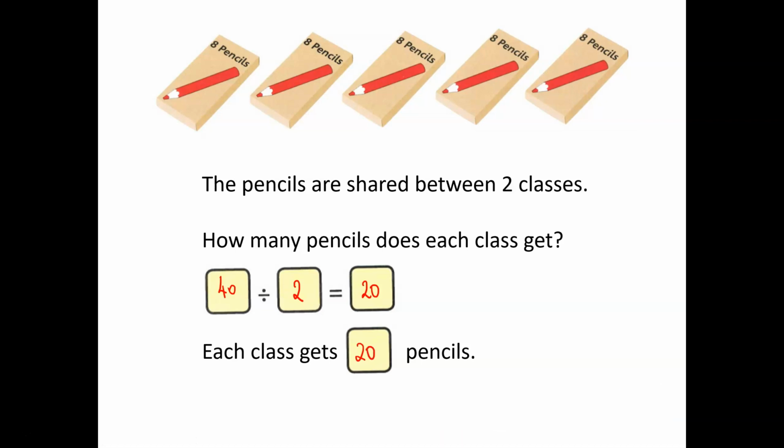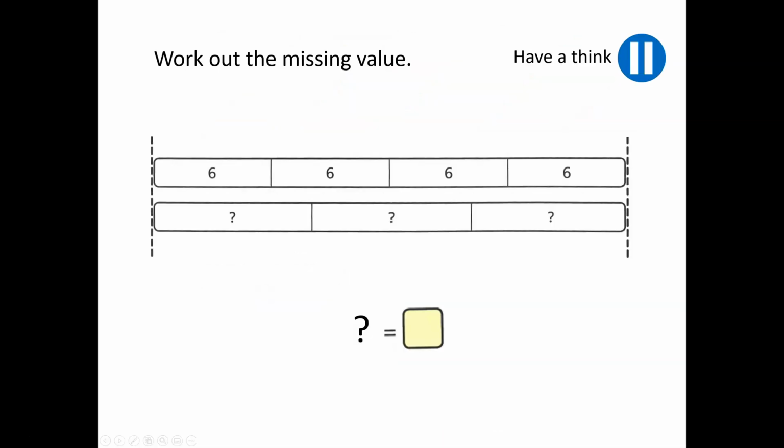You will have noticed by now that these problems often require more than one step or more than one calculation. Look at the information given here. Pause the video and try to calculate the missing value. Here we are shown a bar model. The top bar model shows us that there are 4 groups of 6.